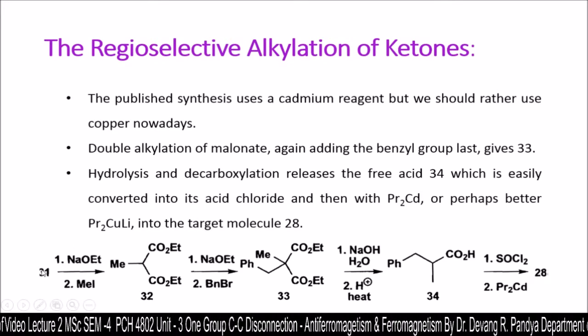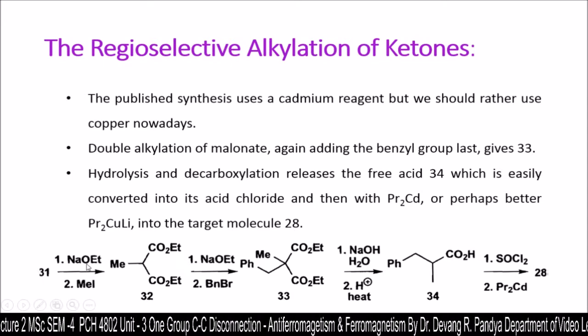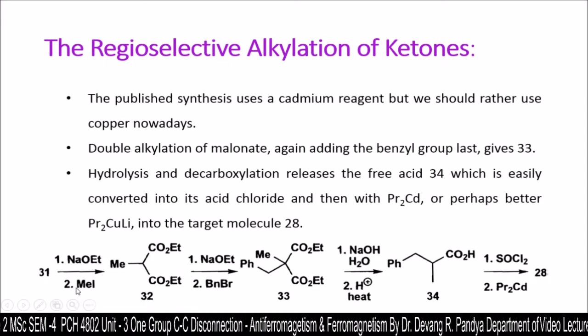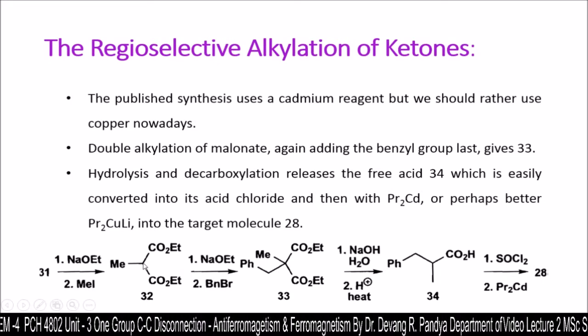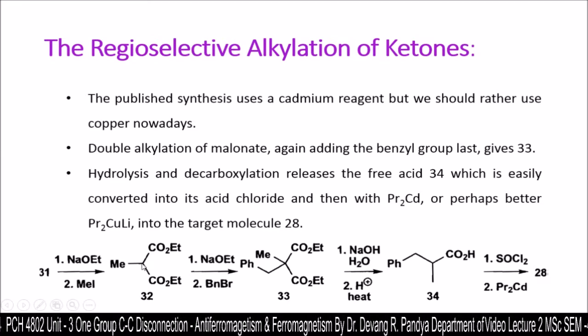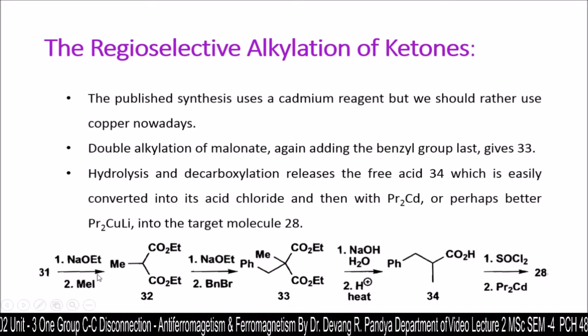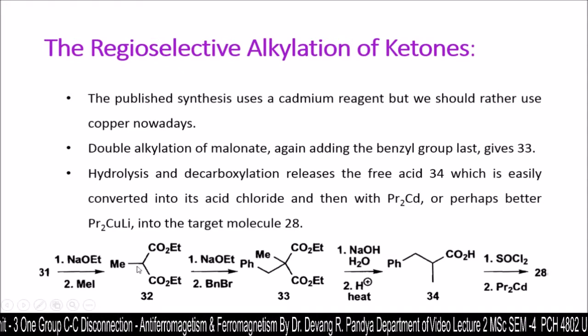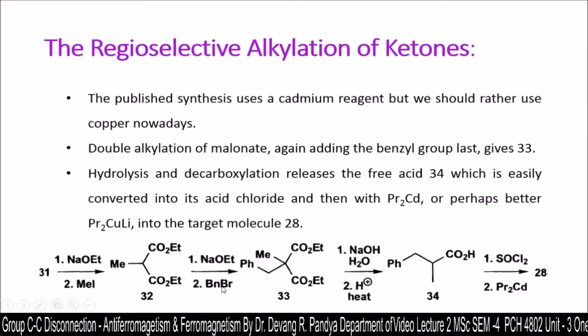We have taken this compound 31, then it is treated with sodium ethoxide followed by methyl iodide. So that compound gets alkylated at this carbon position, giving the alkylated product of malonate. The alkylated malonate is further treated with sodium ethoxide followed by benzyl bromide.